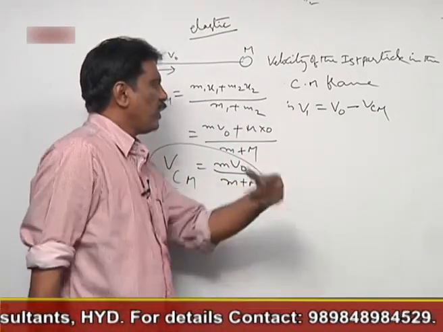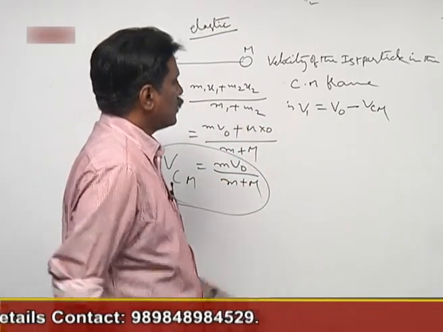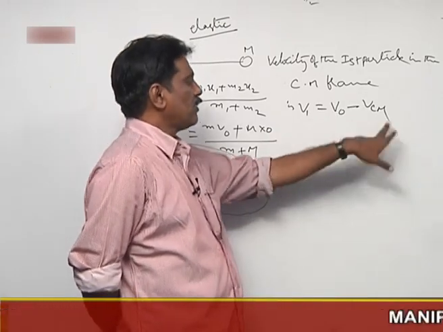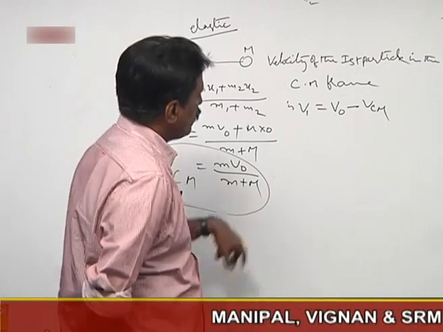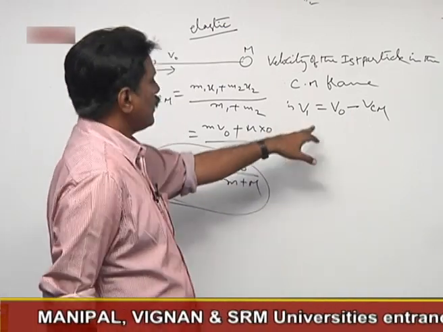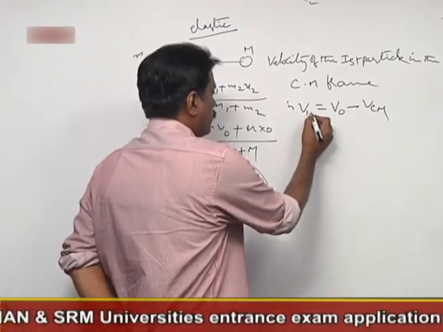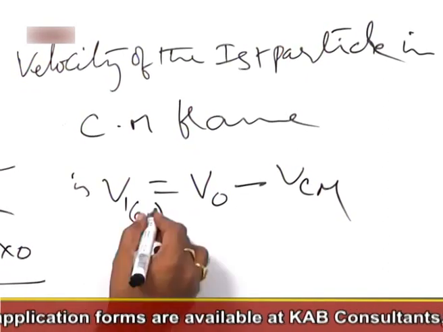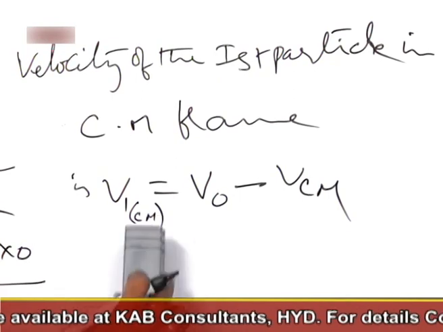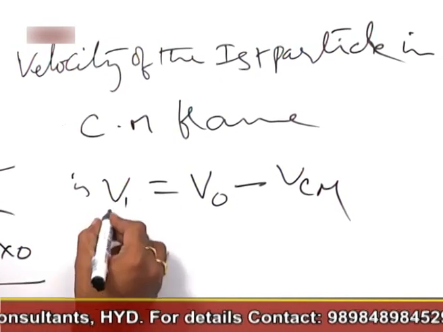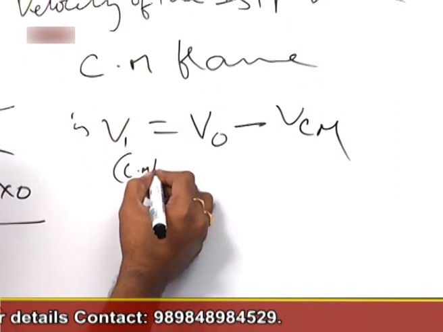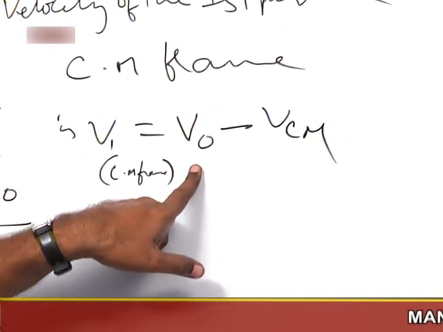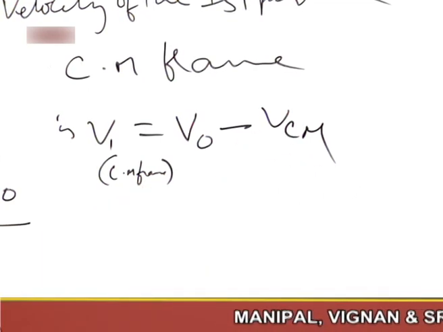In any frame, velocity of the particle is equal to velocity of the particle in the earth reference frame or lab frame minus velocity of that frame. So here also, velocity of the particle 1 in the CM frame, this v1 is velocity in the CM frame, is equal to its velocity in the lab frame minus velocity of center of mass.